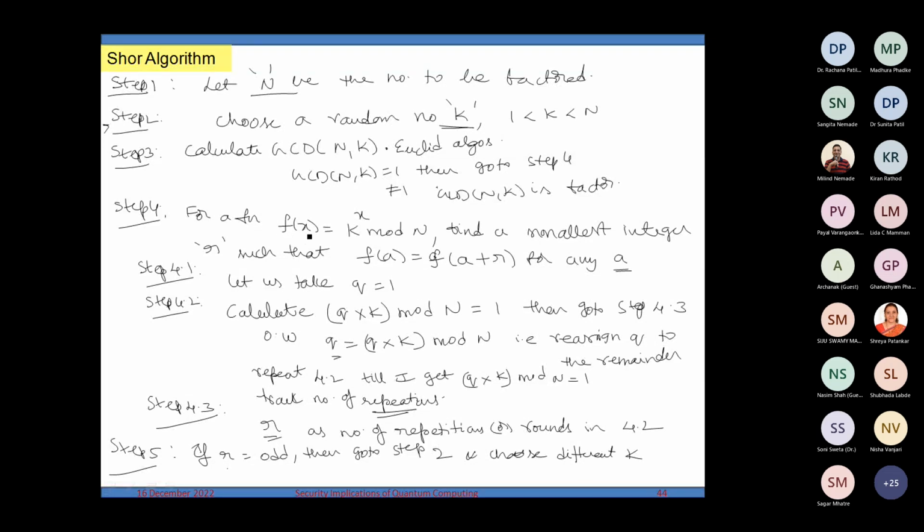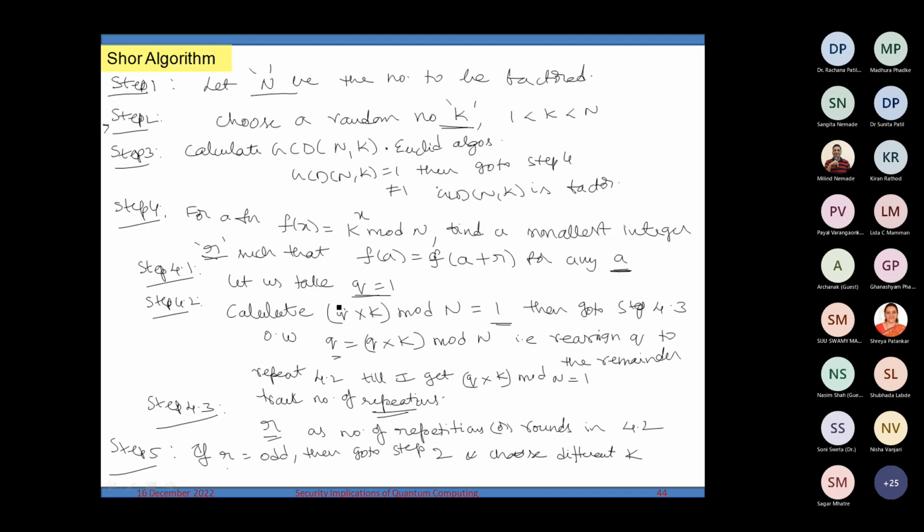For a function f of x equal to k power x mod n, we find the smallest integer r. What is the condition of that r? f of a is equal to f of a plus r for any given a. So I took a number q, where q is initially assigned 1. Then I calculated q into k mod n. If it is 1, then I go to the subsequent step.